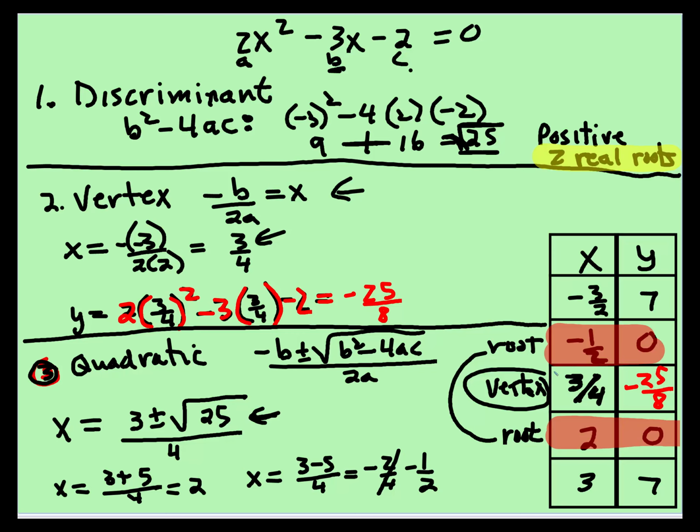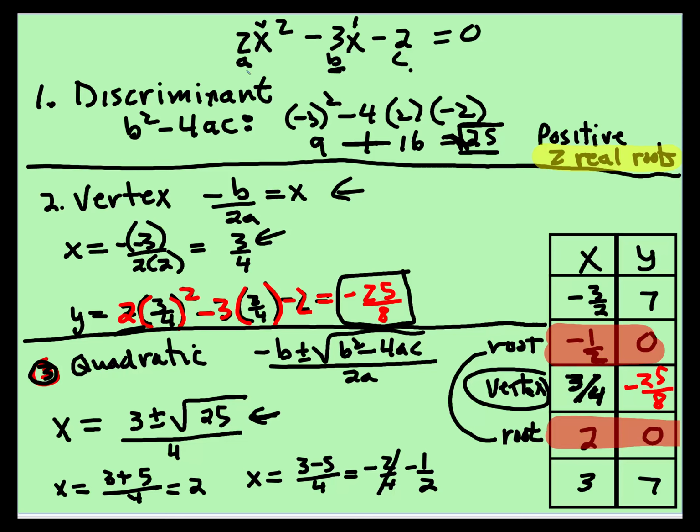And then we plug that 3/4 back into this original quadratic. So right down here, 2 times 3/4 squared minus 3 times 3/4, subtract 2. And when you simplify all of that, you get negative 25 over 8. That's your vertex.